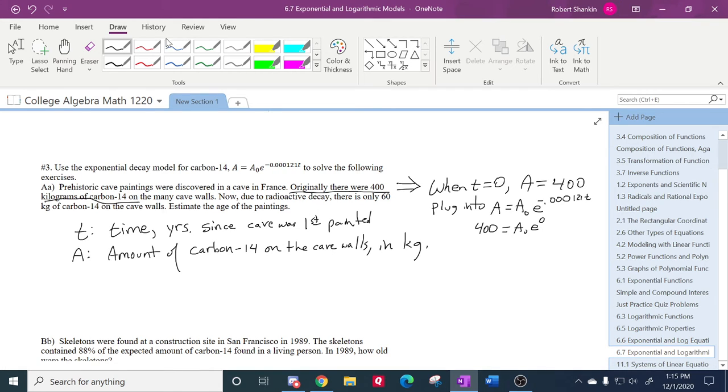And what's anything to the 0 power? Anything to the 0 power is 1.